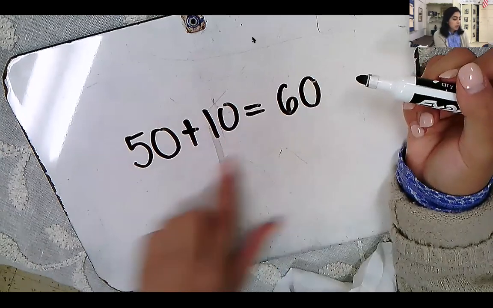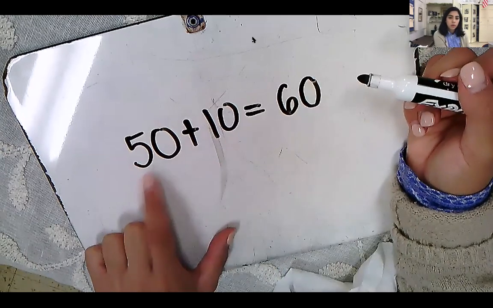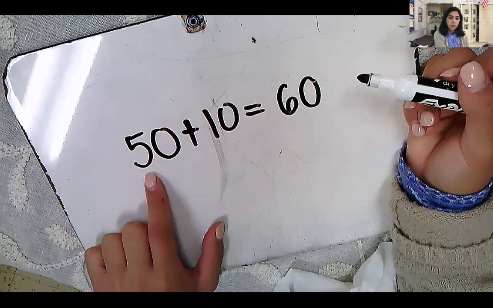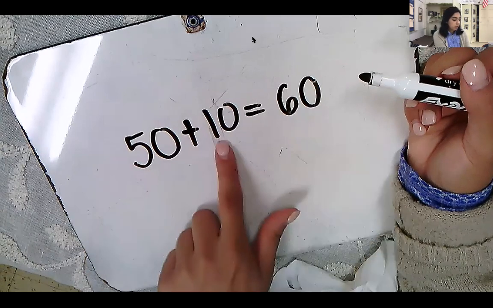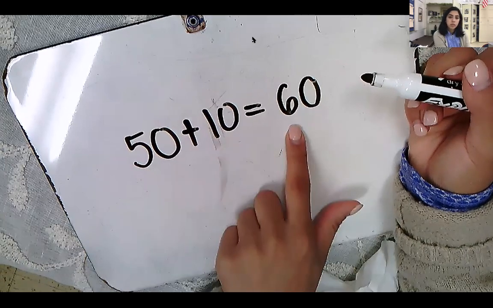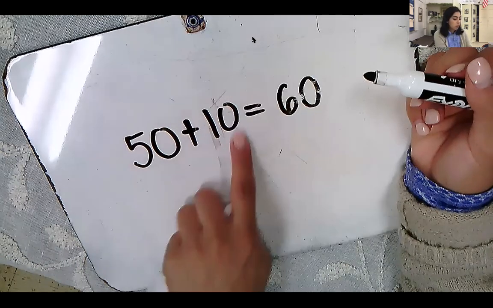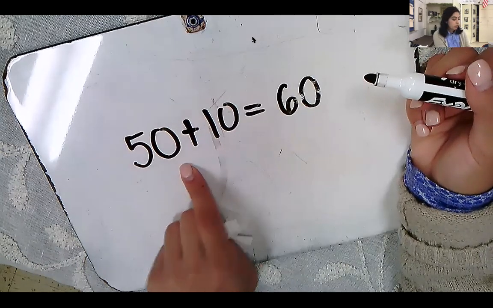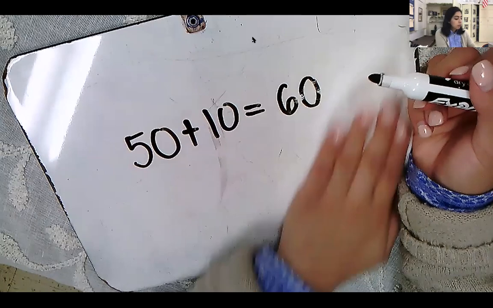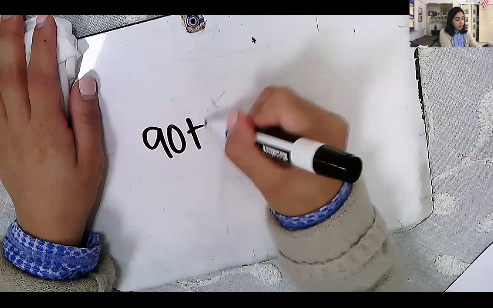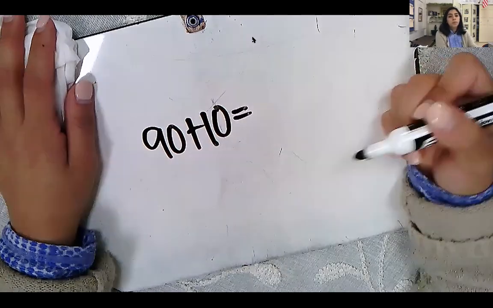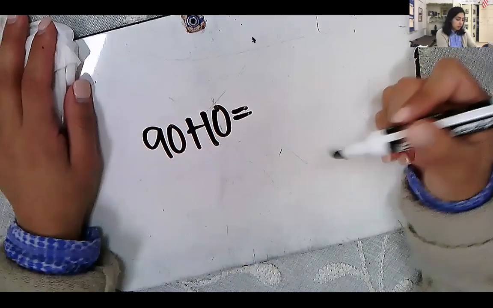Whenever you add 10, it just goes up by 1 in the tens place. Do you see that? The zeros are the same, but 5 plus 1 equals 6. Because 0 plus 0 equals 0, and 5 plus 1 equals 6. What about 90 plus 10? 100. Good job.